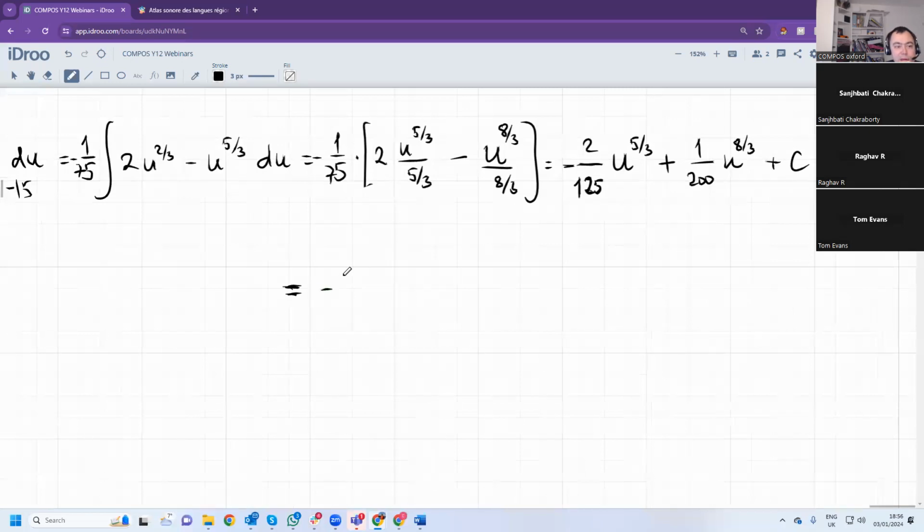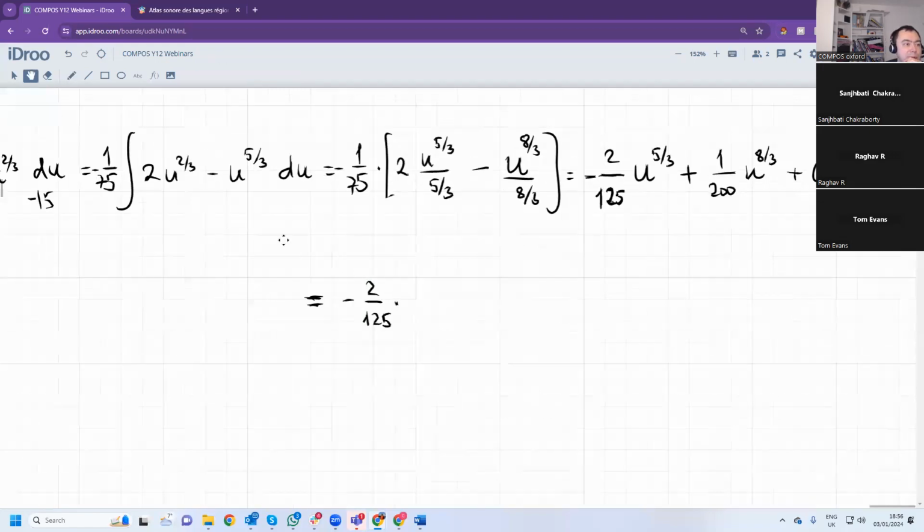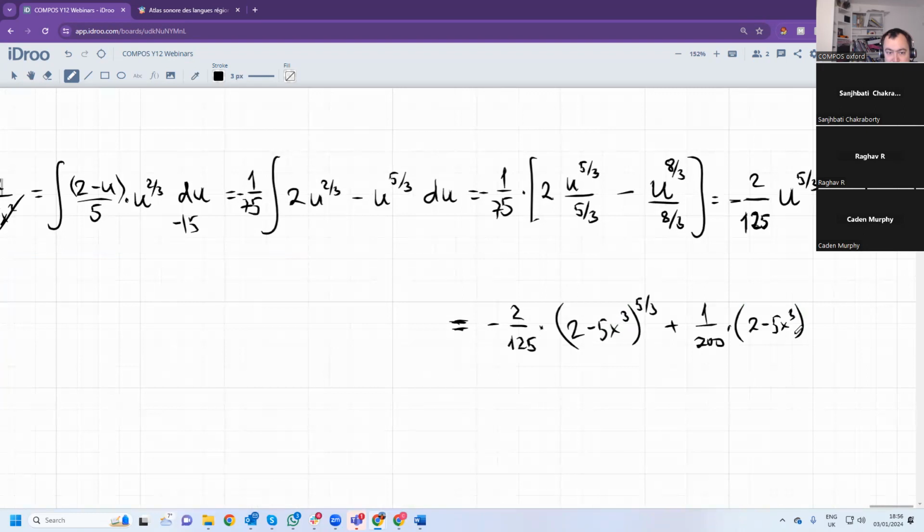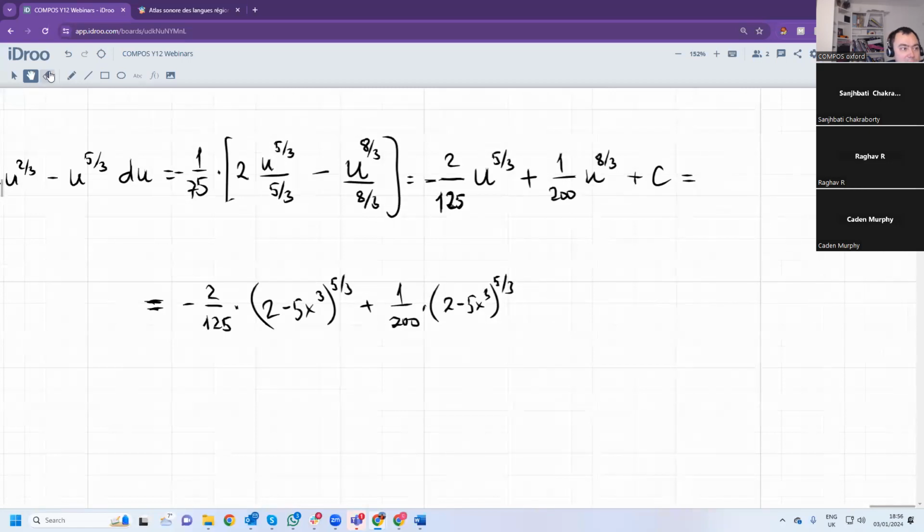So it's minus 2 over 125 multiplied by u, which is 2 minus 5x cubed, to the power 5 over 3, plus 1 over 200 multiplied by 2 minus 5x cubed to the power 8 over 3, plus c.